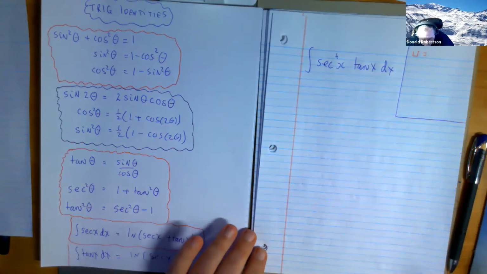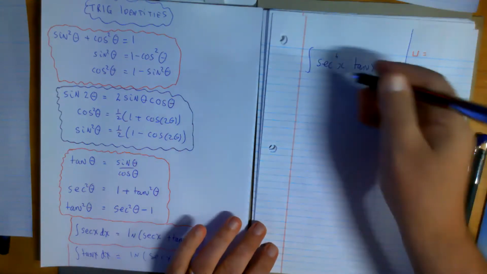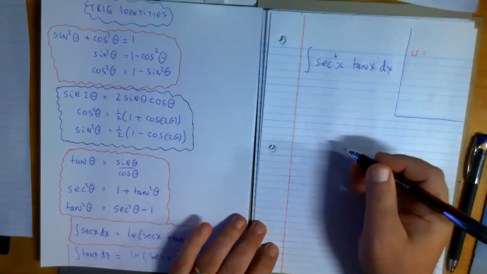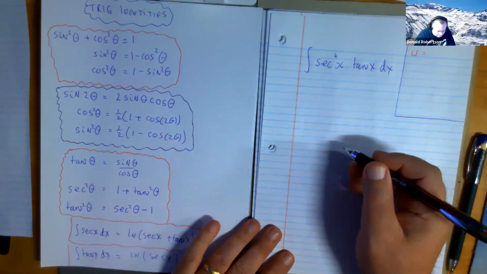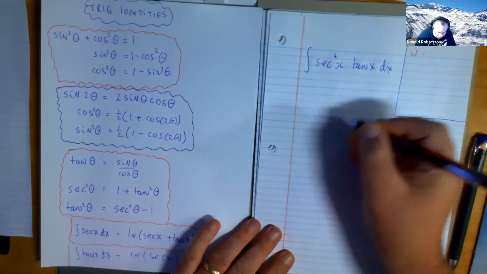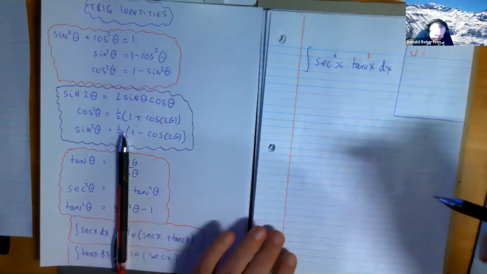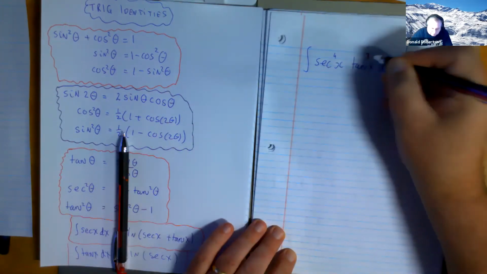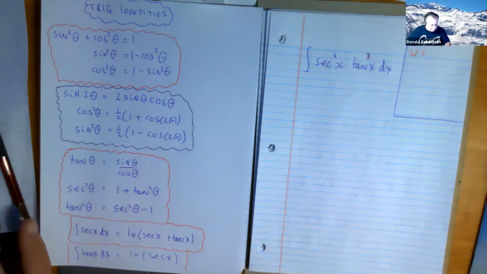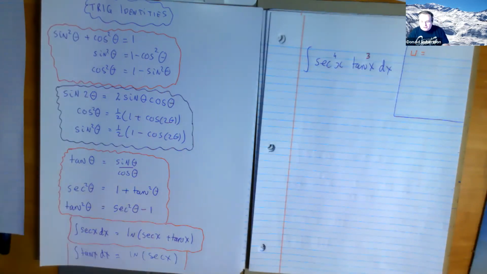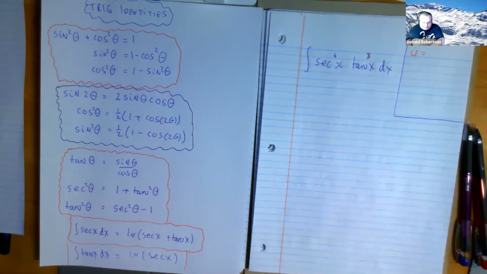I just did that one, didn't I? I did. Sorry about that. At least I did a version of that one. Let's do that one then. It's a u-sub. Which u-sub? Secant.